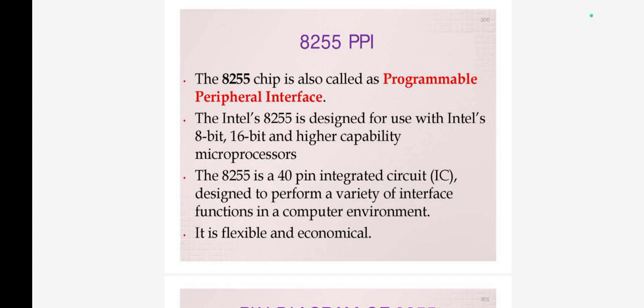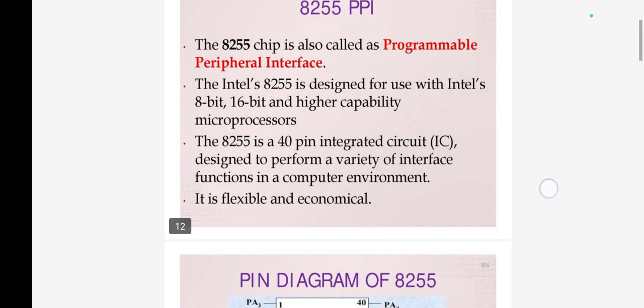This 8255 primarily can be programmed in two basic modes, namely BSR mode, that is bit set reset mode, and IO mode. The BSR mode is used to set or reset the bits in port C, and the IO mode is further divided into three modes, namely mode 0, mode 1 and mode 2.